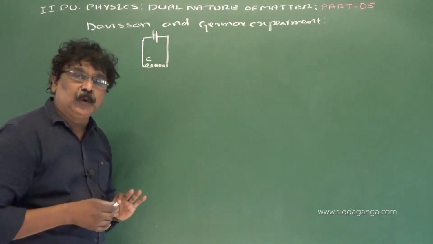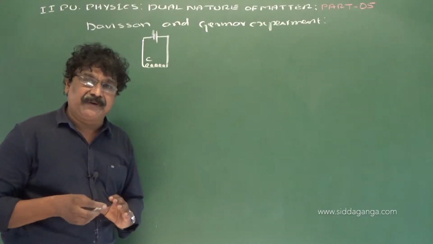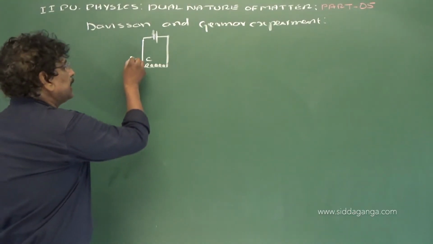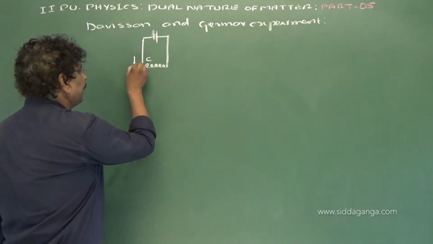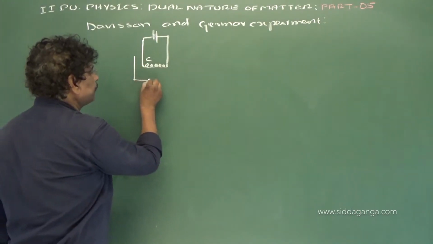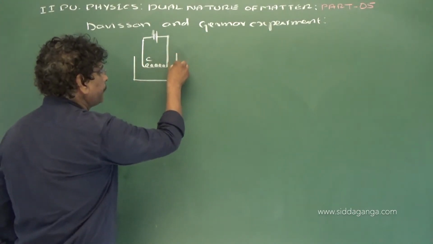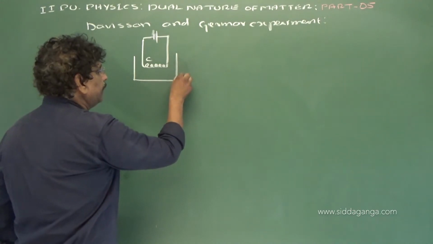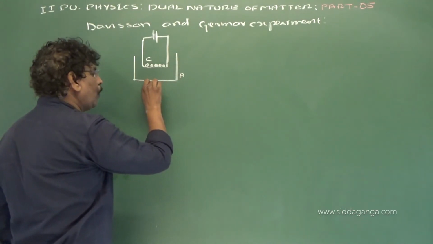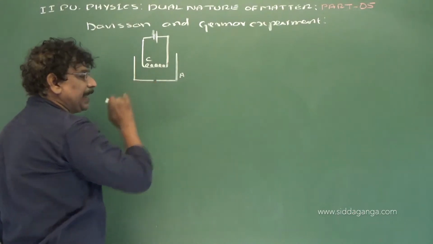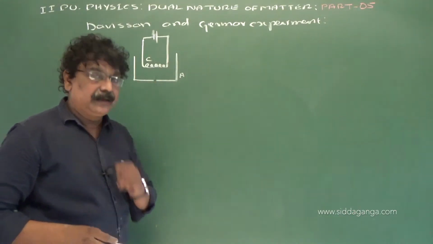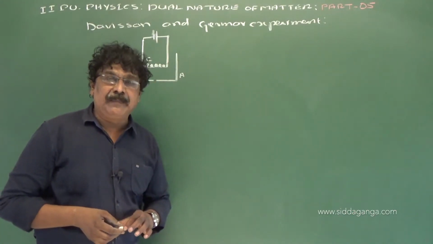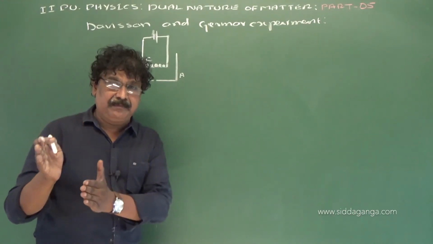Now we need to apply a potential difference. For that we consider an anode A with a fine hole here to make the electrons emerge as a parallel beam.